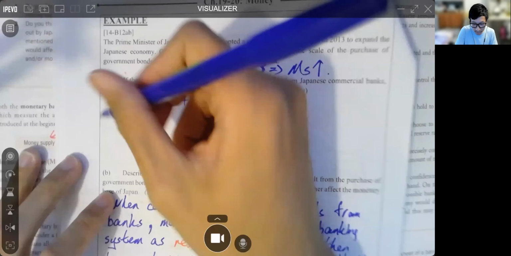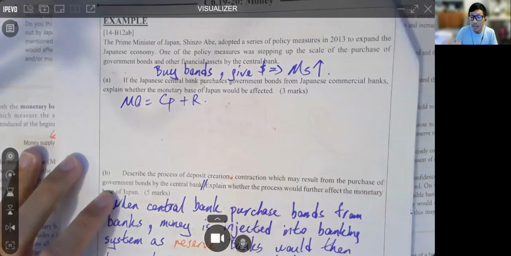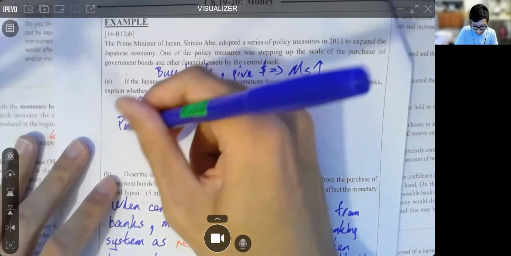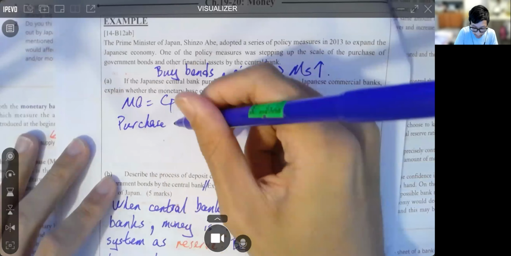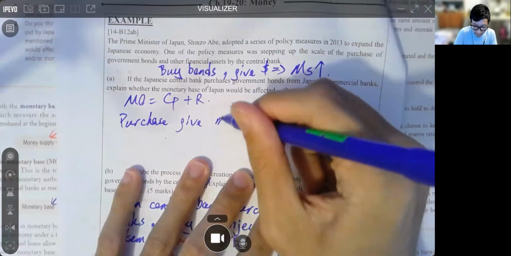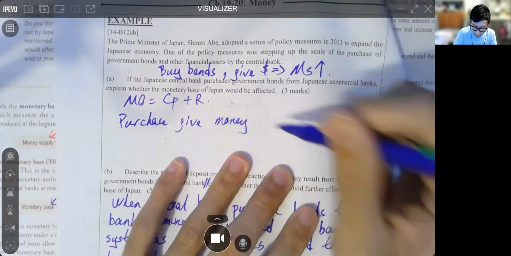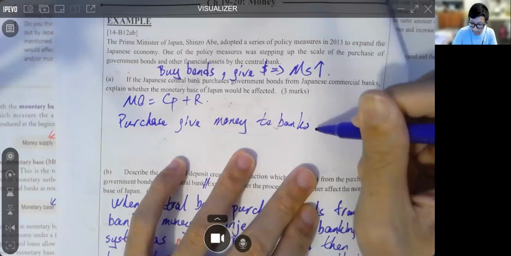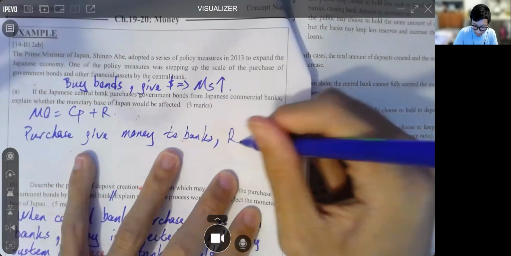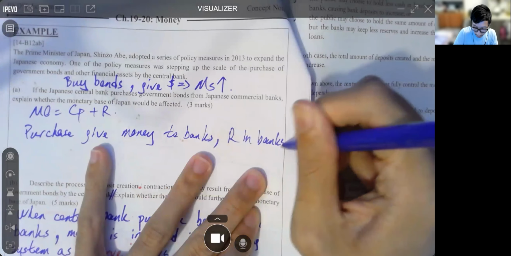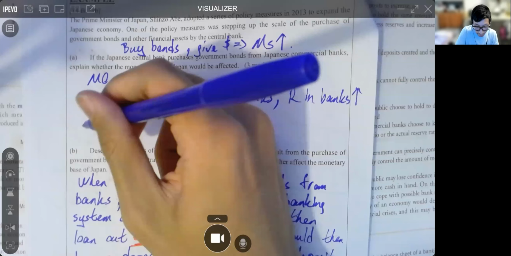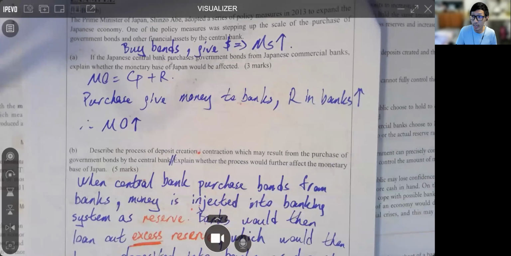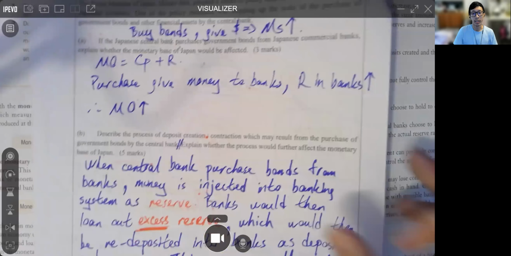Since they purchase government bonds, buying means paying money to banks, so reserve in banks would go up. Therefore monetary base would go up. There is more reserve, so M0 goes up.